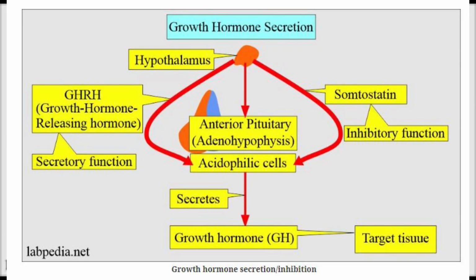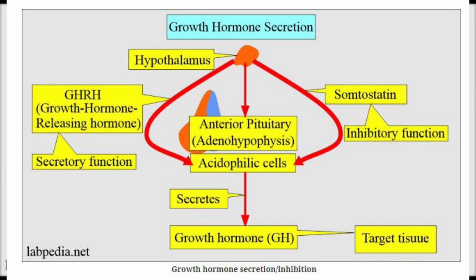The hypothalamus regulates the growth hormone via three hormones. What are those? Number one is the growth hormone releasing hormone, that increases the growth hormone secretion by stimulating somatotroph of anterior pituitary. Second is the growth hormone releasing polypeptide.